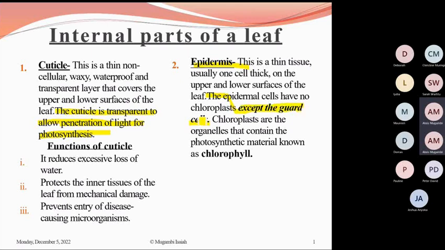The guard cells contain the chloroplasts, which give a site for photosynthesis to take place, because they have a photosynthetic material that we call chlorophyll.